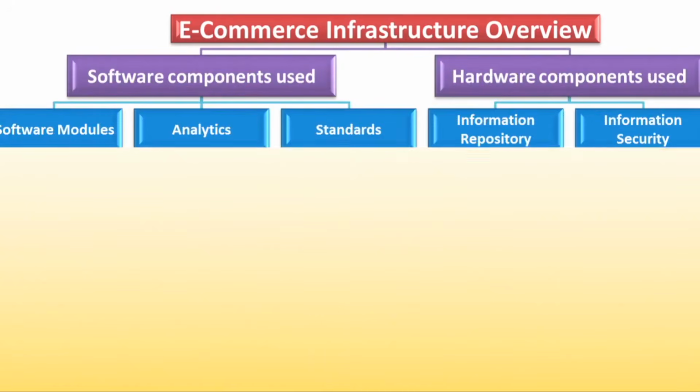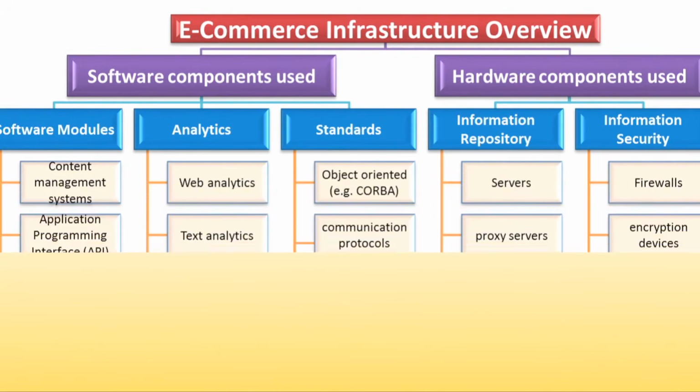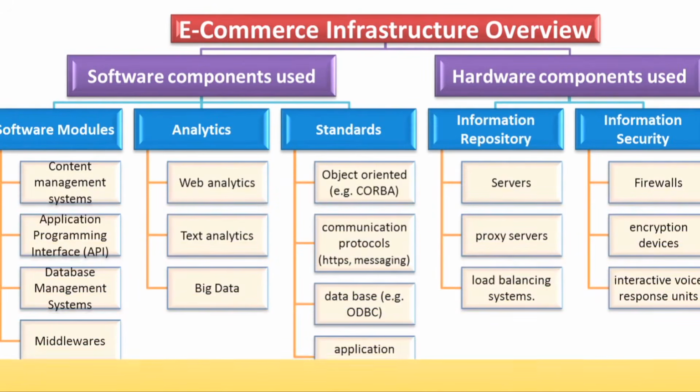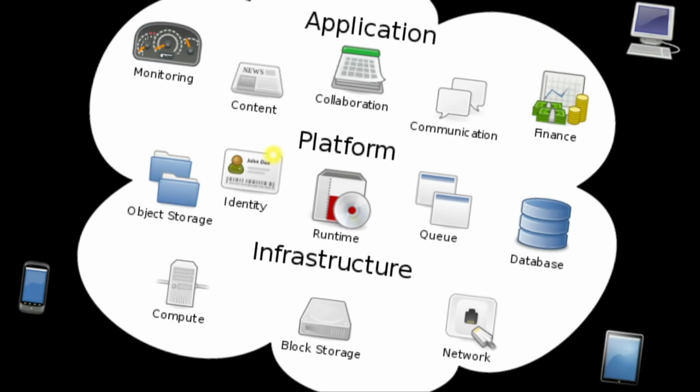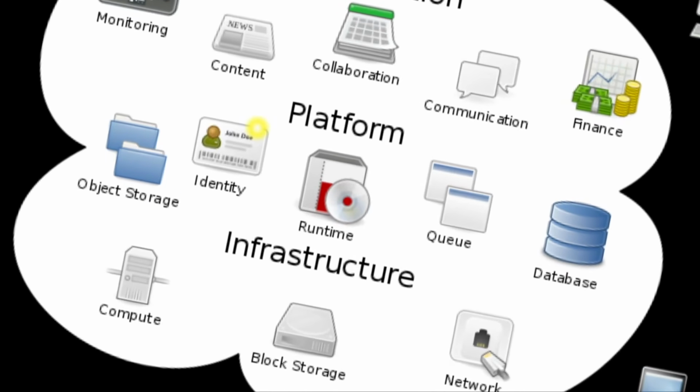E-commerce cannot function without the support of appropriate infrastructure. It is the foundation on which e-commerce is built. The infrastructure is constructed using a number of varying technologies. These technologies create an integrated layered structure that allows the development and deployment of e-commerce applications.